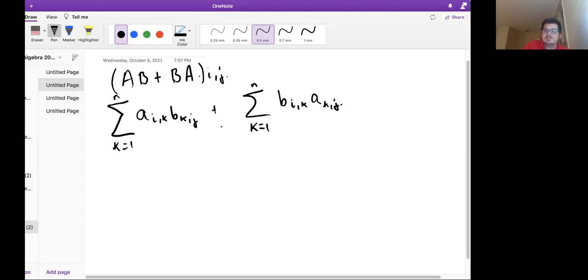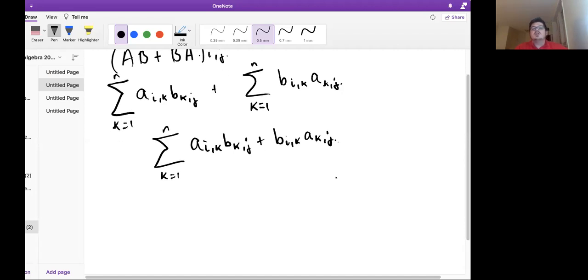We can put these sums into one thing because they're the same dimension, and that's what matrix addition is. So we have A_ik B_kj plus B_ik A_kj.